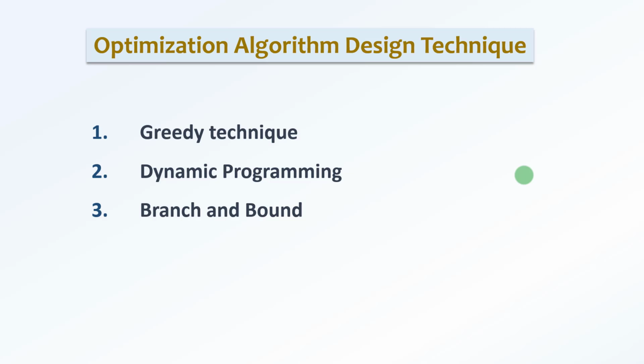There may be problems in which more than one technique can be applicable, but it is our job to choose the most efficient one. In this lecture, we are going to discuss the greedy technique, and we are going to solve a problem using it.